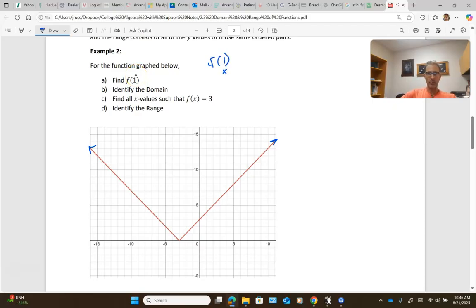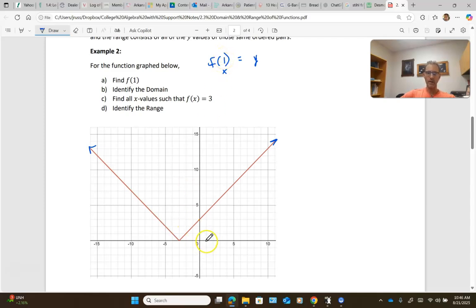So when x is 1, we need to figure out what y is. What you're doing is looking at your graph and trying to find the point on this absolute value function that has an x-coordinate of 1.